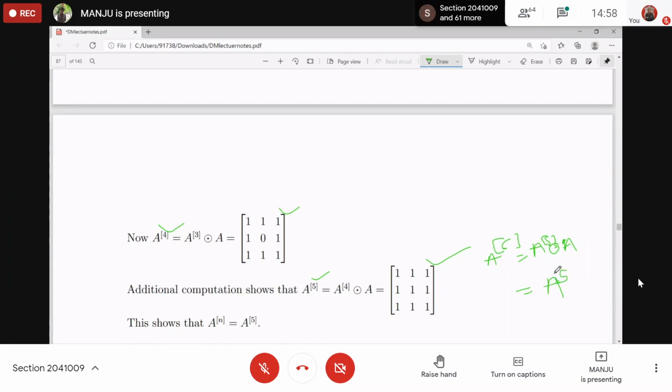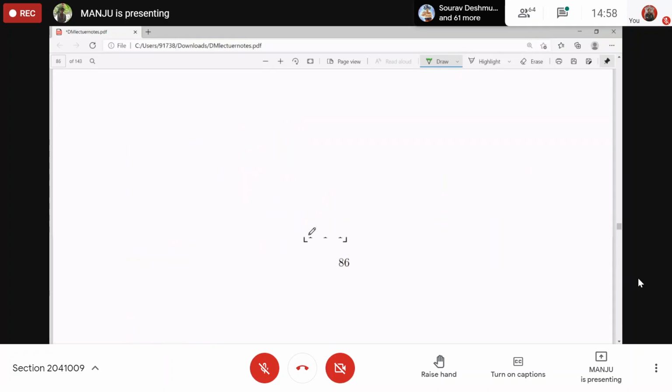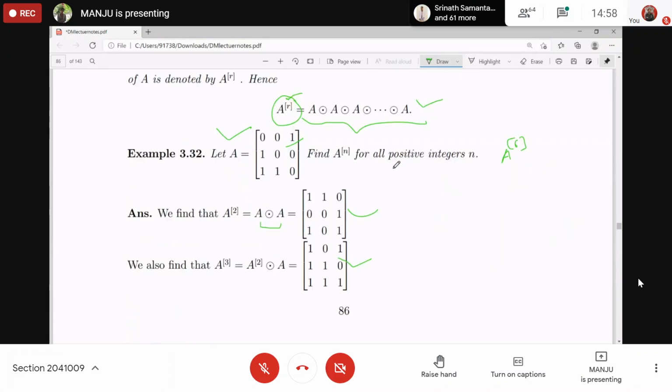Then A7 is again the same. This means for all n greater than or equal to 6, you have all 1s. So you have found A raised to power n for all positive integers n. Any doubt?